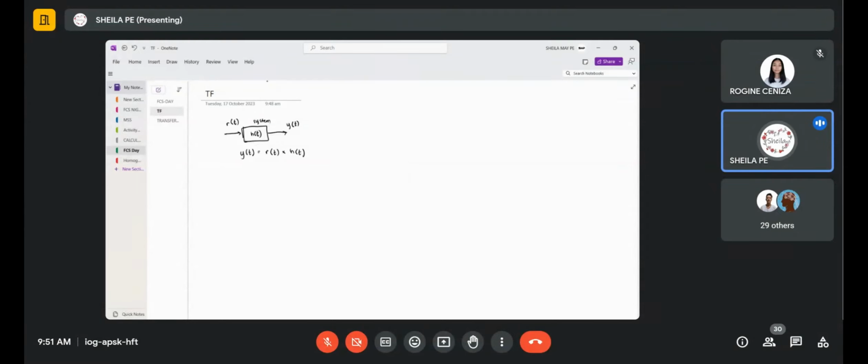Okay, from that, now by convolution property, to make it in Laplace form, that's Y(s) equals R(s) times H(s). Okay, in that form, we can have our system H(s), which is Y(s) all over R(s). Okay, that's the simple transfer function definition for a simple system.